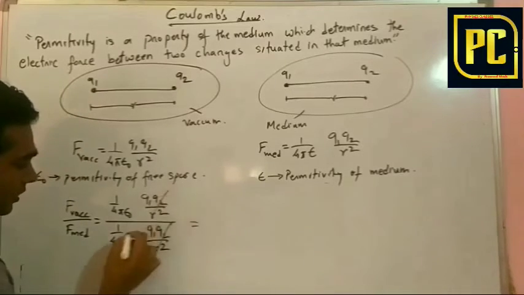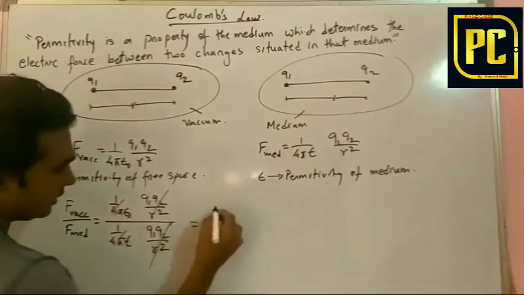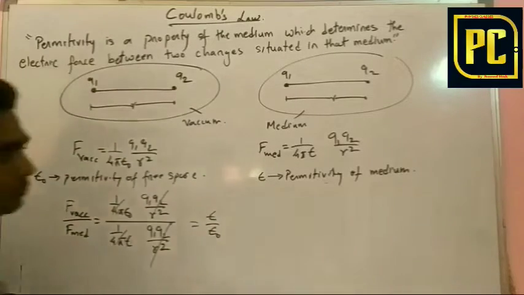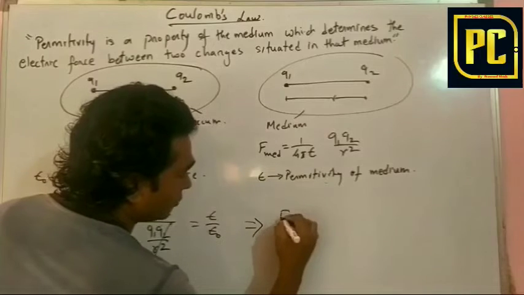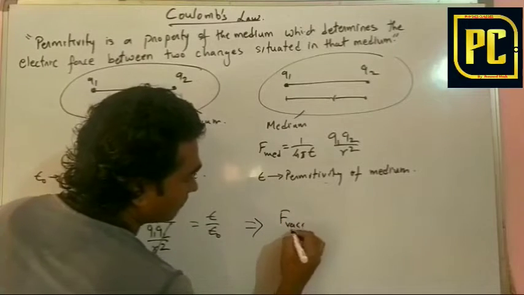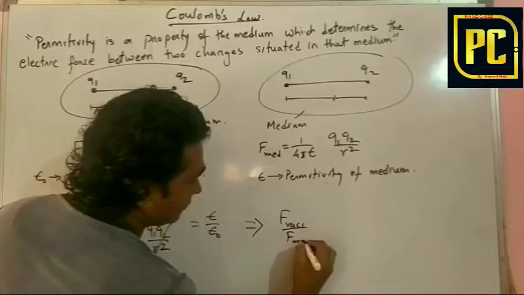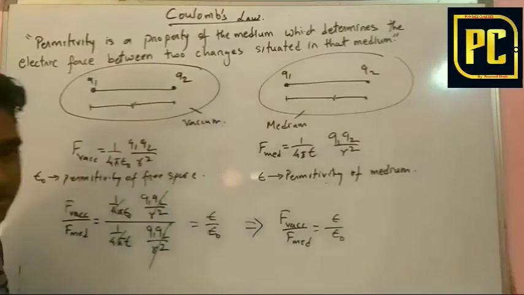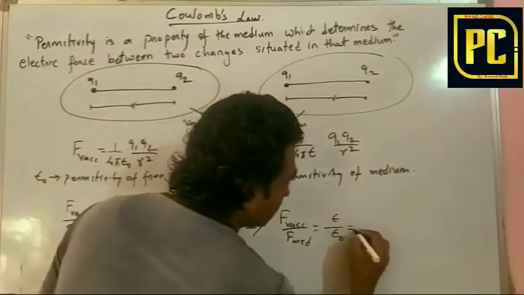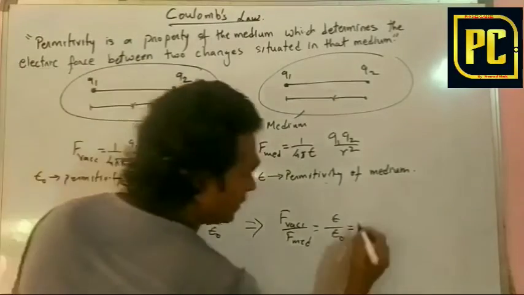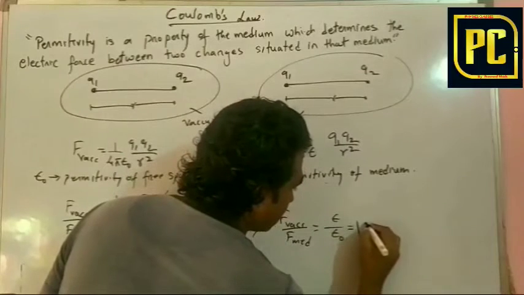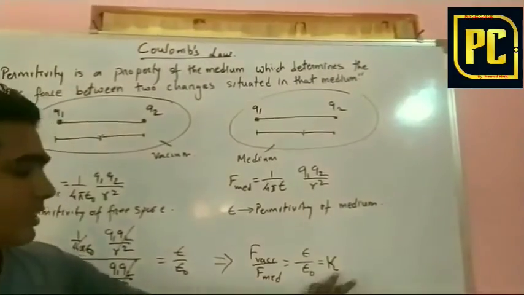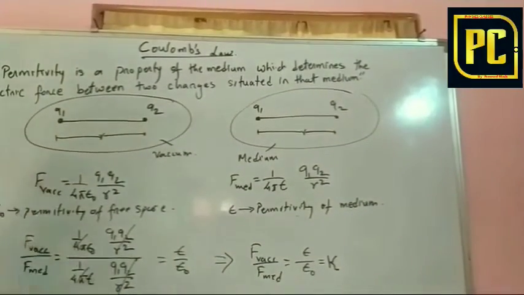Everything will cancel out, and epsilon by epsilon naught will be there. So I can write this as force in vacuum by force in medium is epsilon by epsilon naught, or if I write this as some constant, it looks like K but it is not that K.